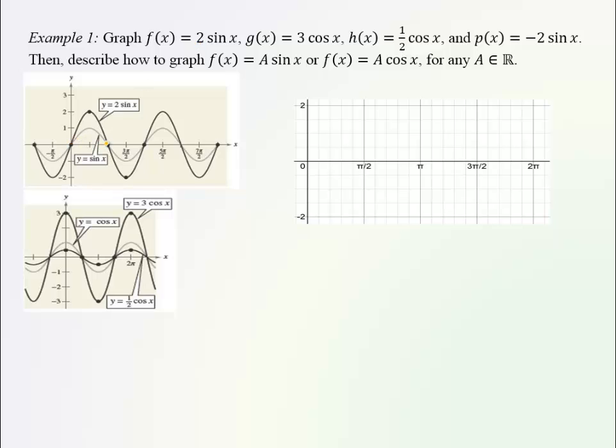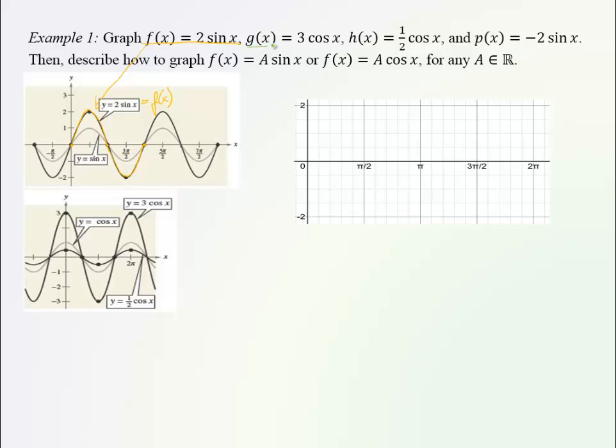So the zeros will be kept at the same places, because 0 times 2 is 0, but the extreme values, for example 1, will be multiplied by 2, so it's stretched by 2. So the value here will be 2, and the value for negative 1 will become negative 2. So the graph will follow that road. This is the graph of 2 times sine x, so this is your function f of x, the yellow one.